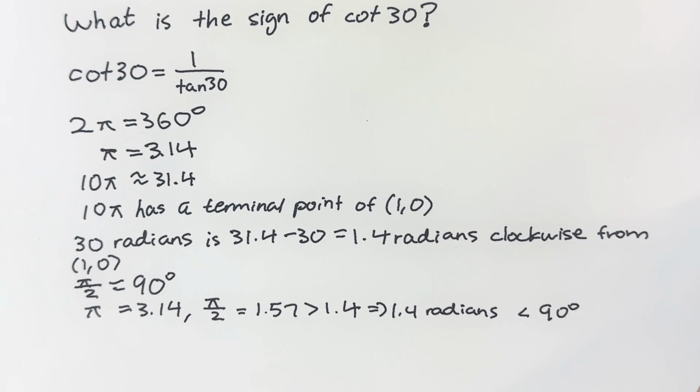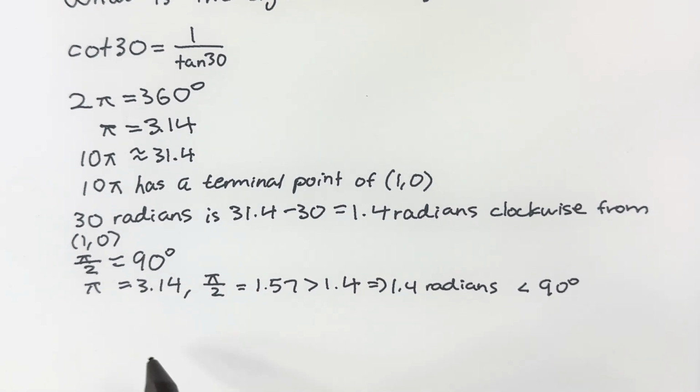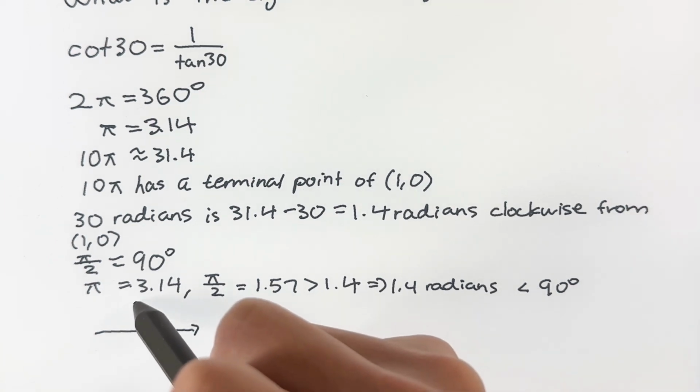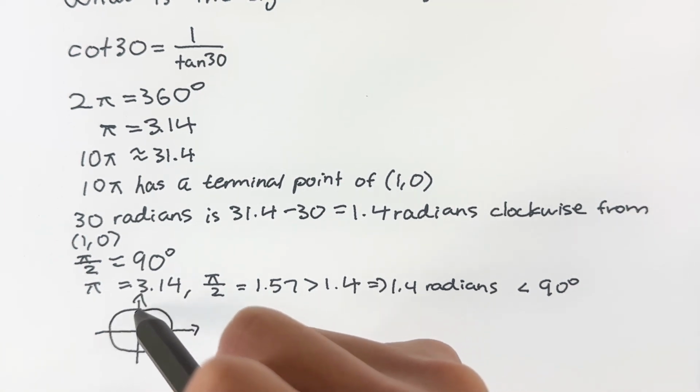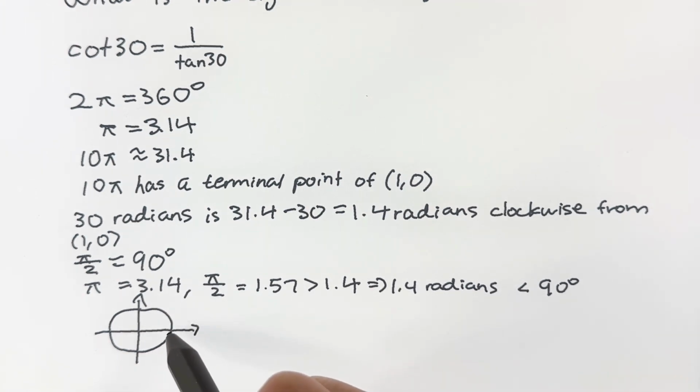So let's think of this in a unit circle. The terminal point of 10 pi is (1, 0). So then 1.4 radians clockwise from (1, 0) will still be in the fourth quadrant because it's less than 90 degrees.